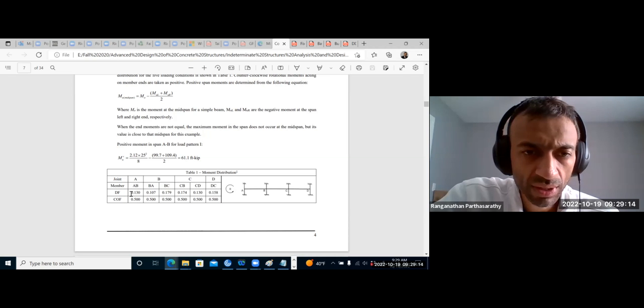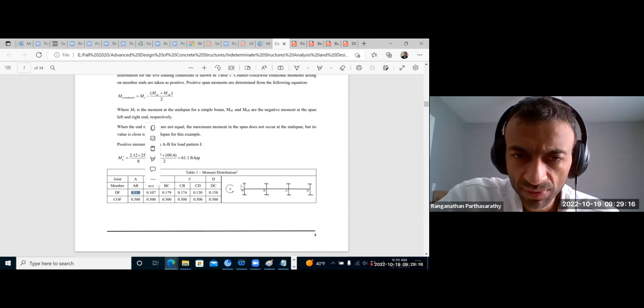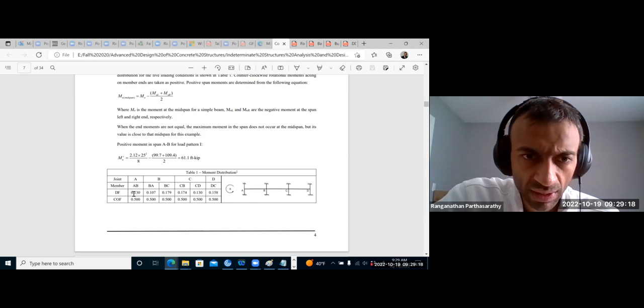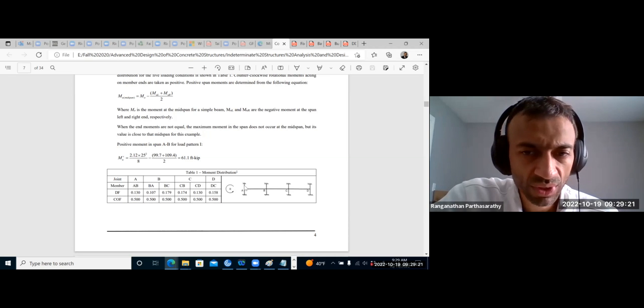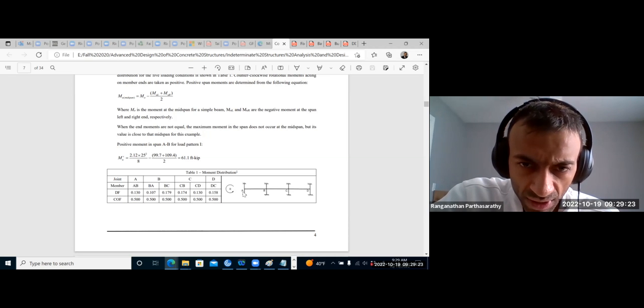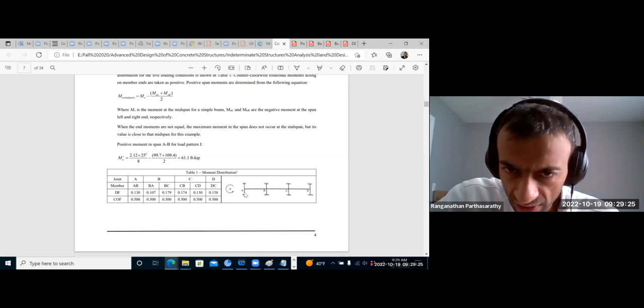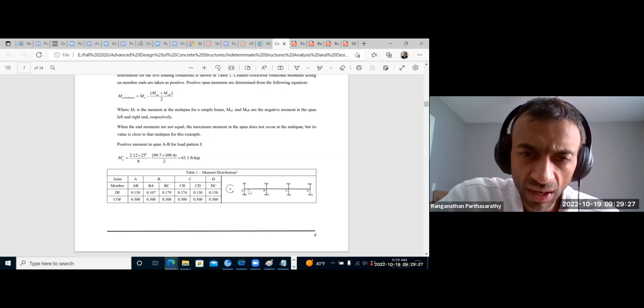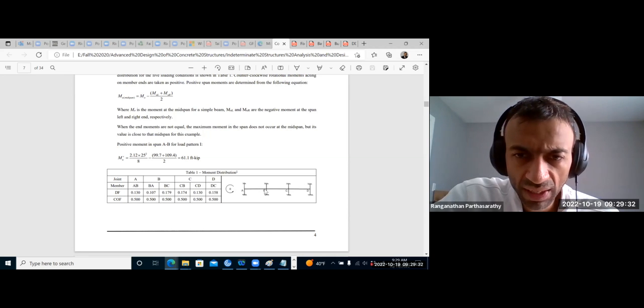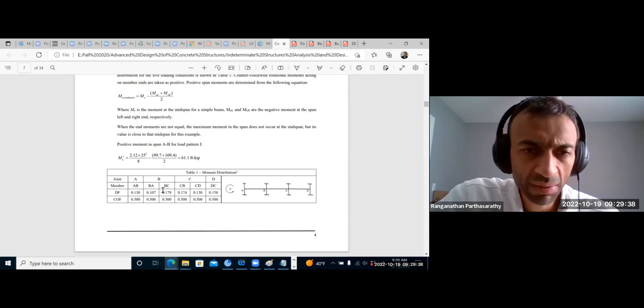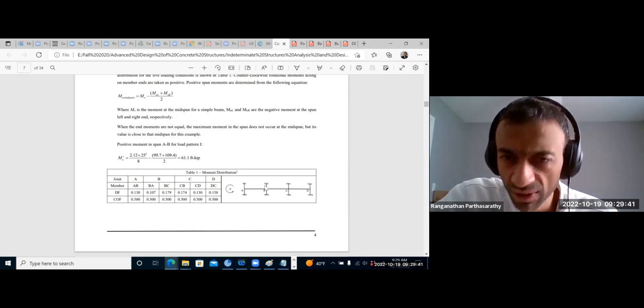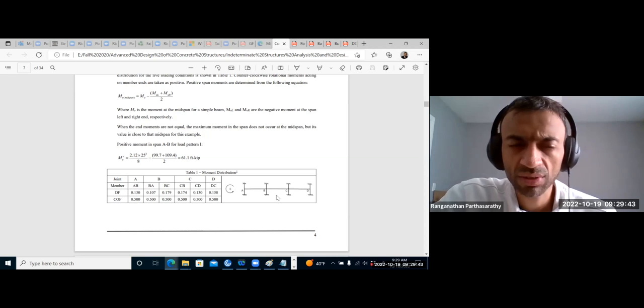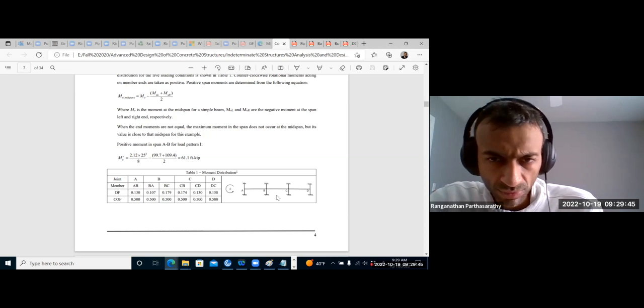Its relative stiffness value is 0.13. That means the upper column plus lower column plus AB add up to 1. Out of that, AB share is only 0.13. Then BA is 0.107, BC is 0.179. You see BA plus BC, you don't get 1 because you have the columns also. Hope you got that.